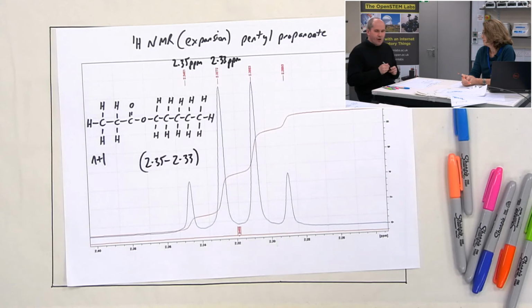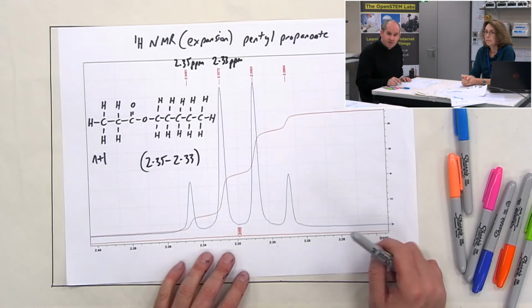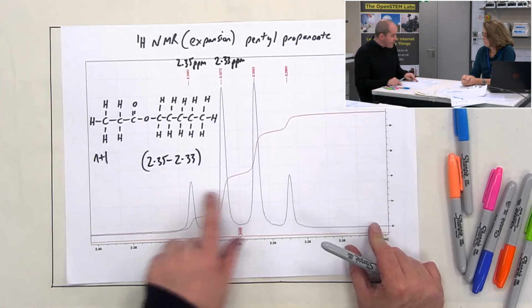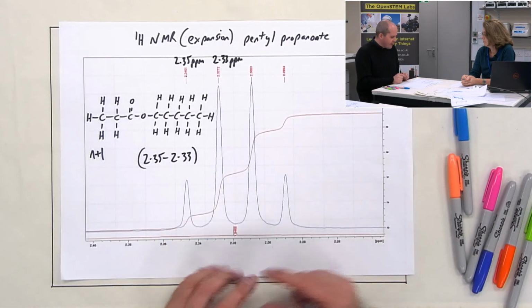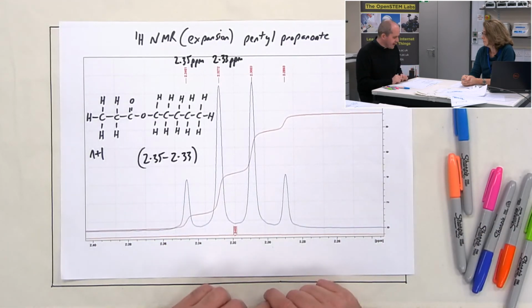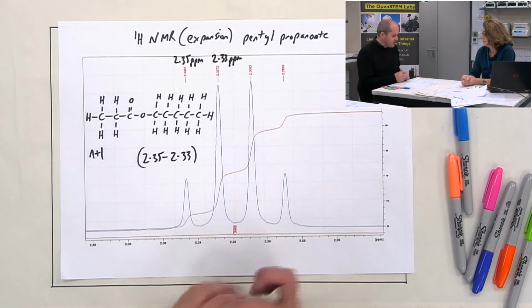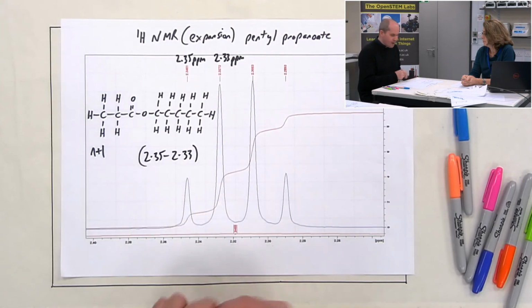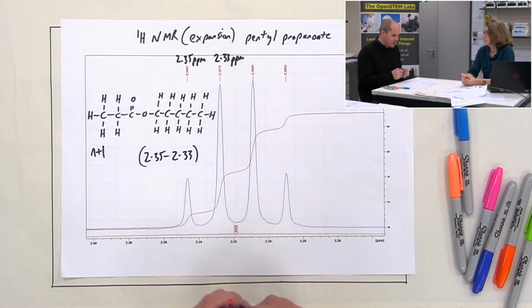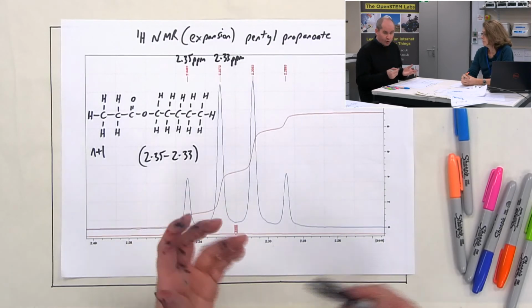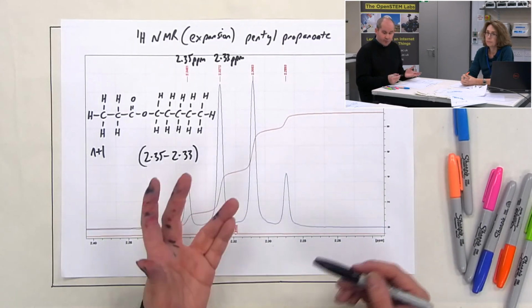And these are normally quoted in hertz, so to convert that separation, which measures how strongly these protons are interacting, all we have to do is multiply that difference by the NMR spectrometer frequency, which we saw earlier when we were doing the video was 400 megahertz.